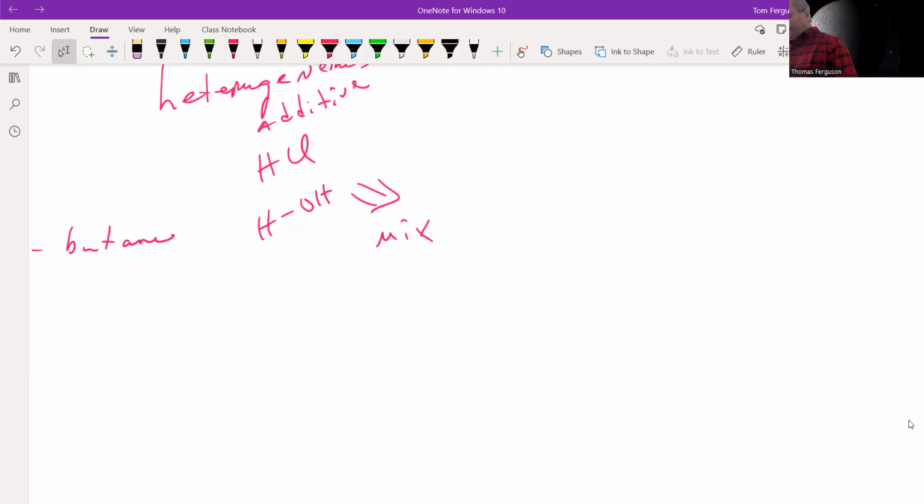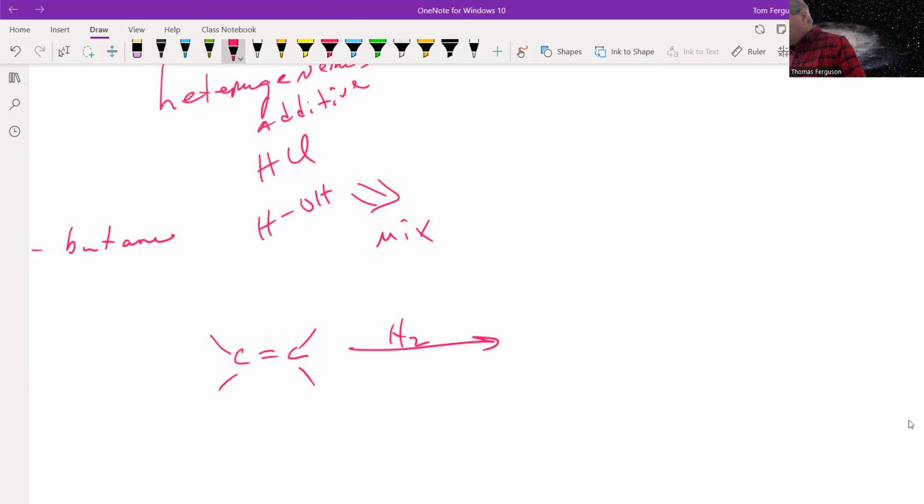So if we're looking at this, Pt is platinum. You have to have a catalyst whenever we add hydrogen. A number of metal catalysts work. Frequently they use Pt. You can also just say metal catalyst.